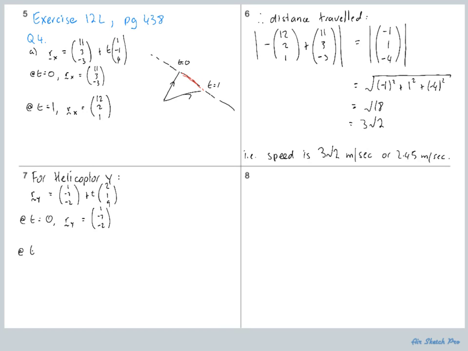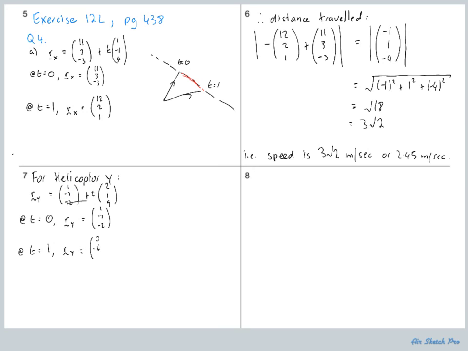And at T equaling 1, we have the R vector for the Y helicopter being, let me see now, we've got 1 plus 2, which is 3. We've got minus 7 plus 1, which is minus 6.